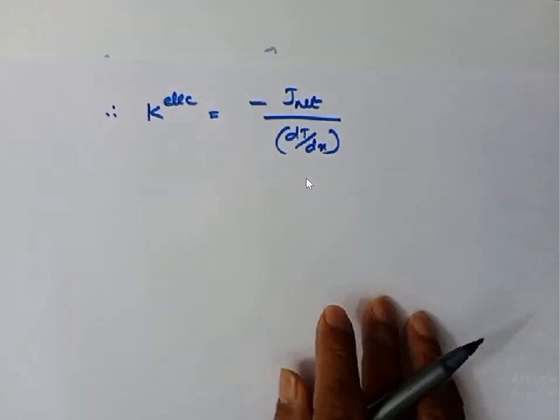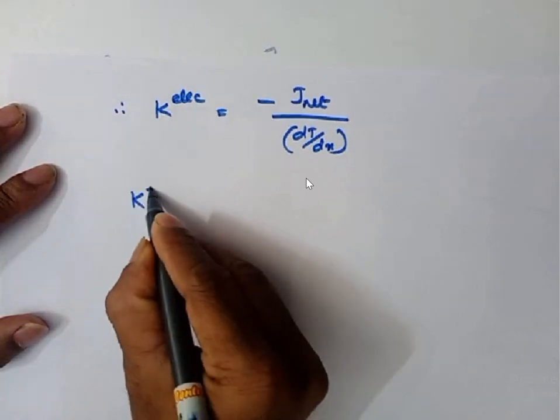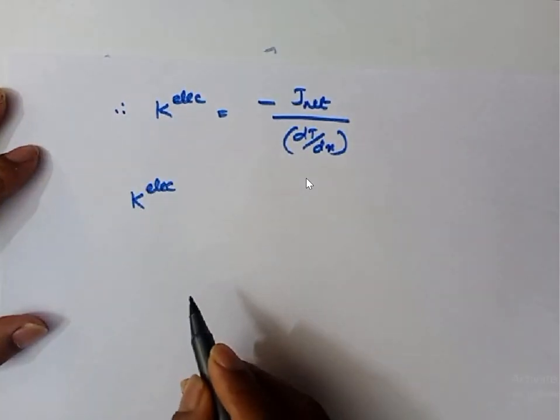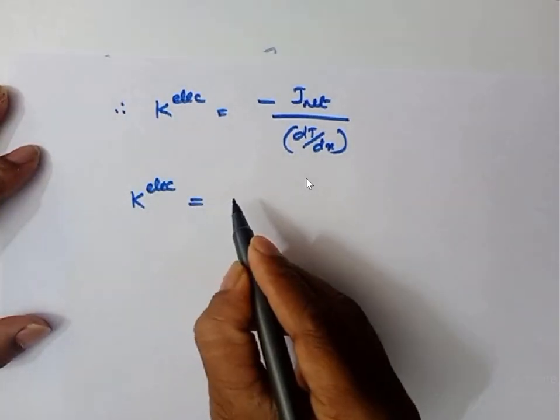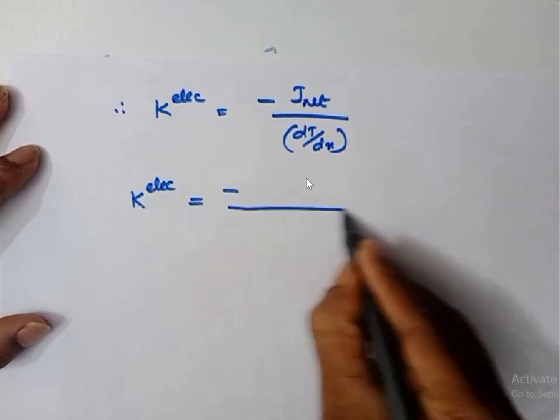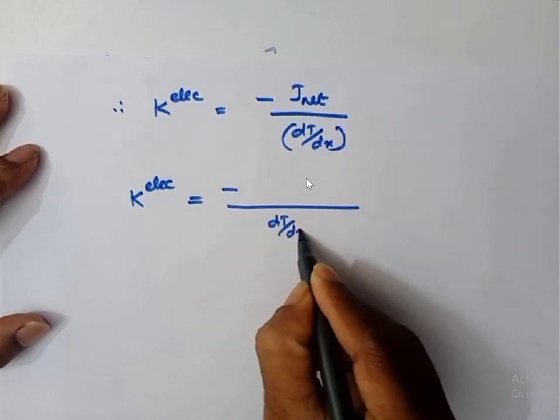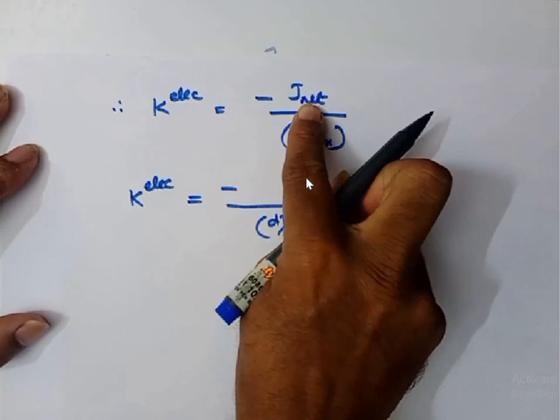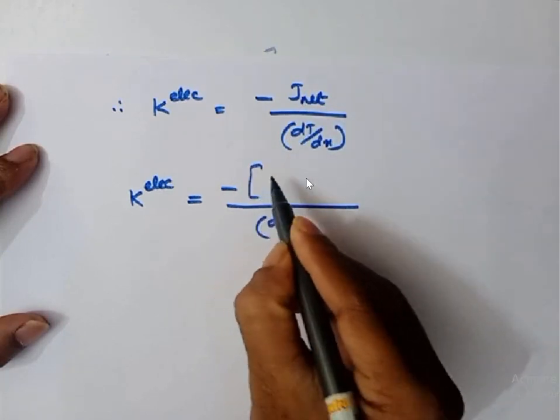So those two cancel. So what we get is the electronic contribution to thermal conductivity is equal to, let me write once. I'll keep this dT by dx as such. In the place of J net, I'll put this value. What is J net?